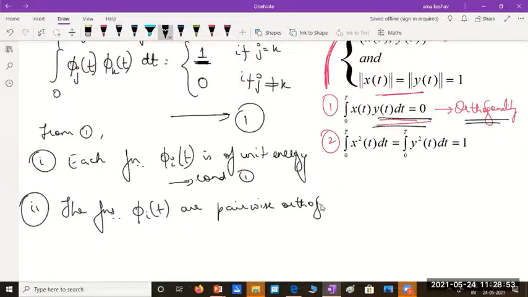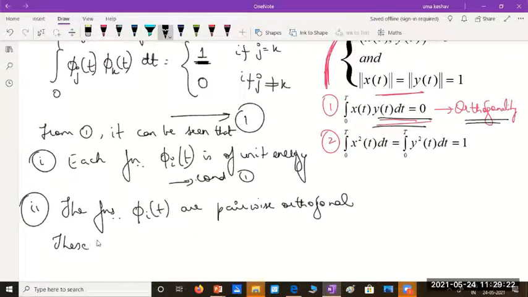That means if j is different from k, then they will be orthogonal, or the area under the product should be 0. So this is the inference we get from equation 1. It can be seen that these two conditions are satisfied.